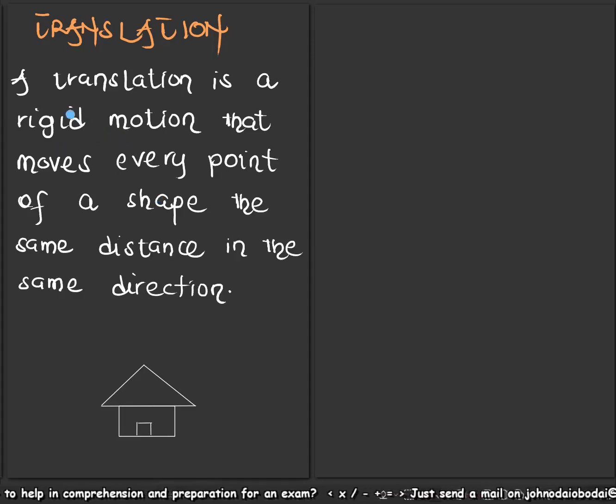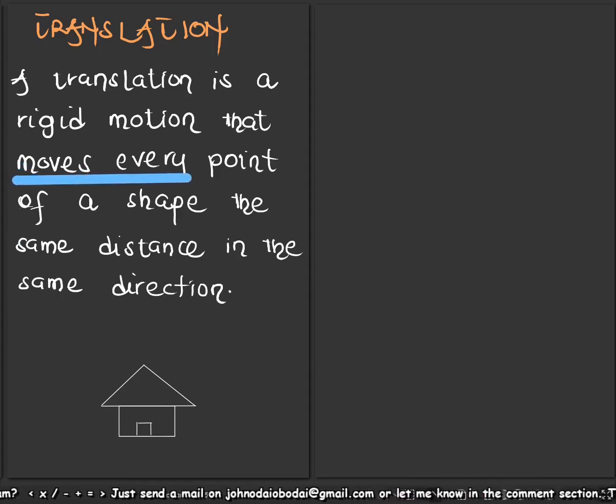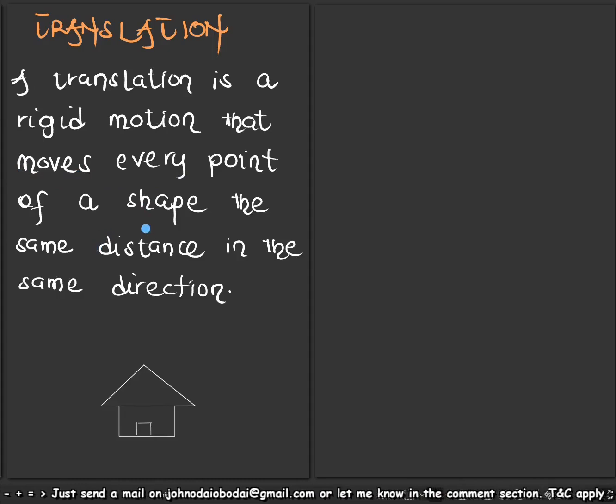So a translation is a rigid motion that moves every point. Take note of this word over here, every point. It moves every point of the shape in the same direction, the same distance.